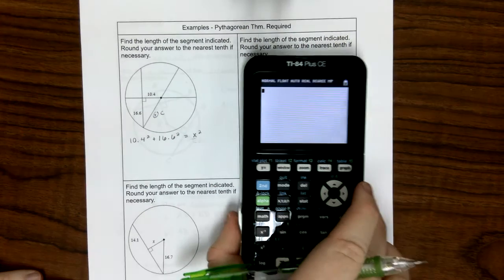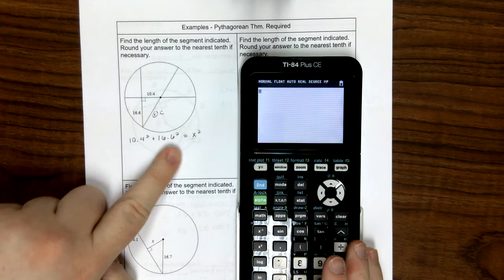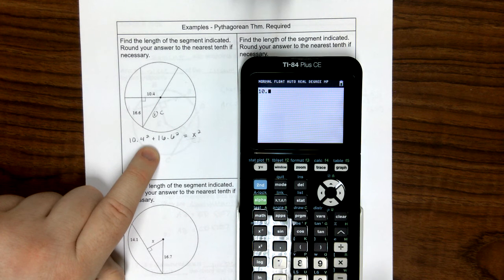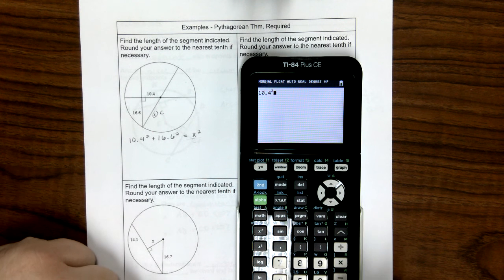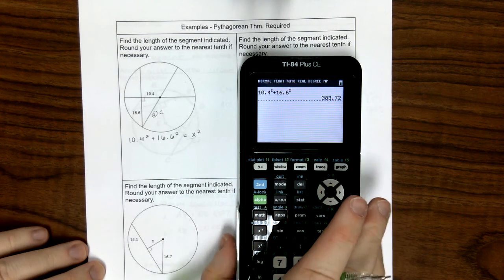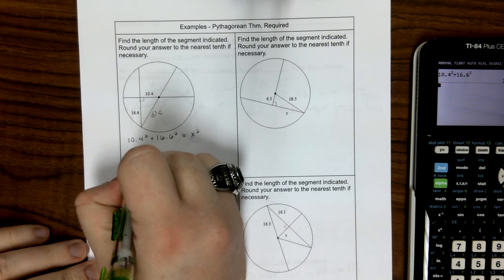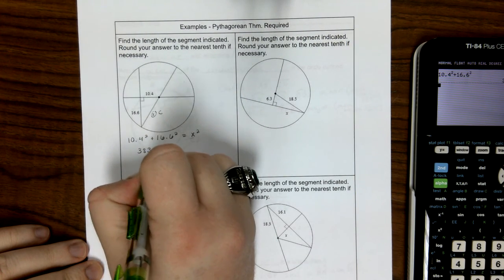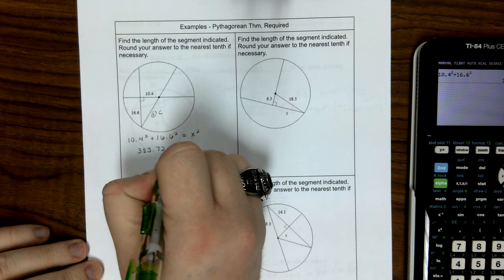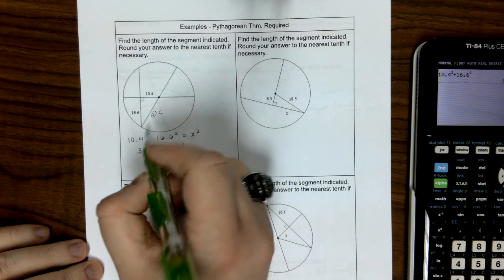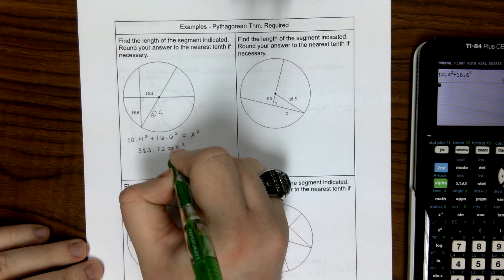Now to shorten myself some time, I'm going to type all this in separately because it's all on the same side. 10.4 squared plus 16.6 squared, 383.72 equals X squared. Now to get rid of squared, we take the square root.